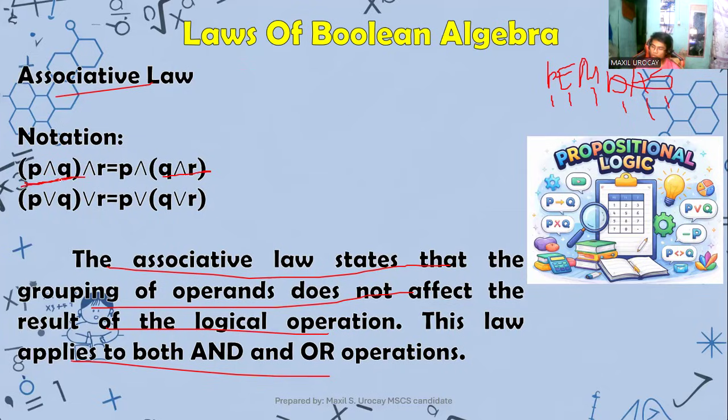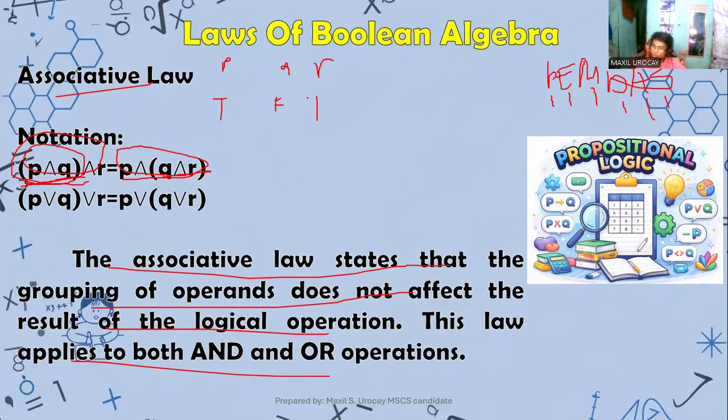Regardless of which you calculate first, they are still equal. Say, for example, we have P, Q, and R.